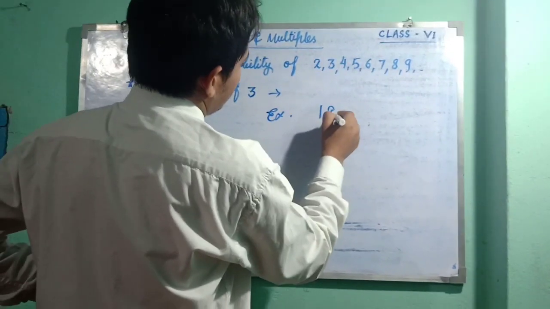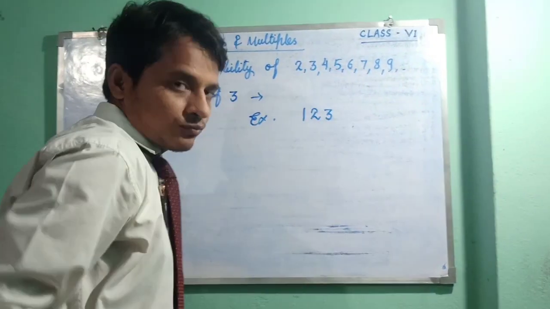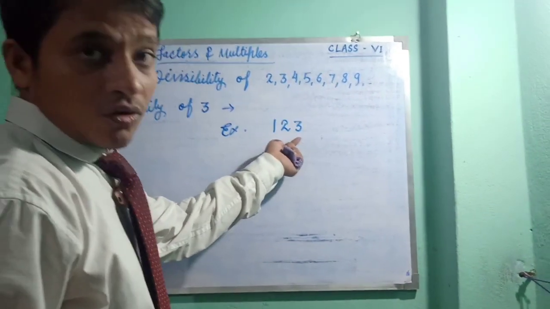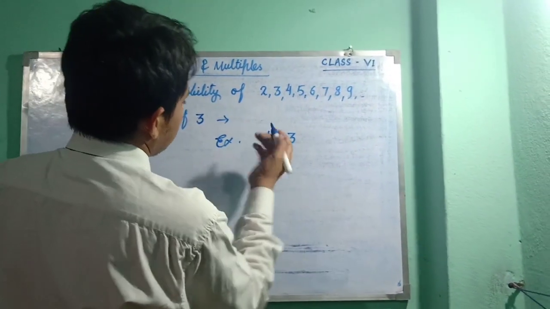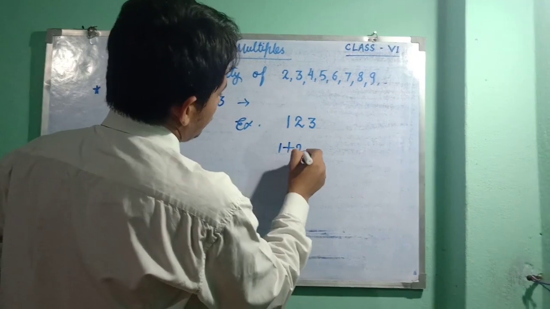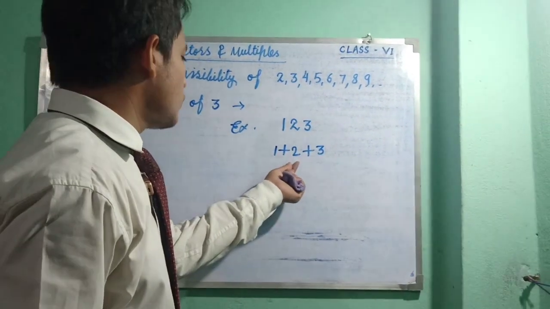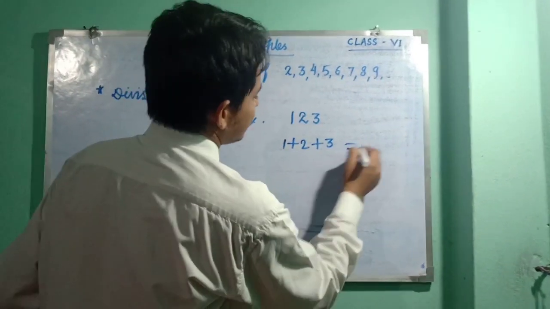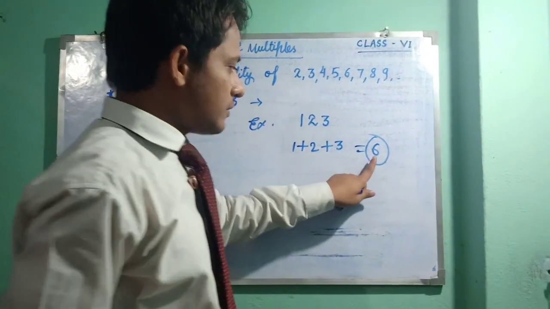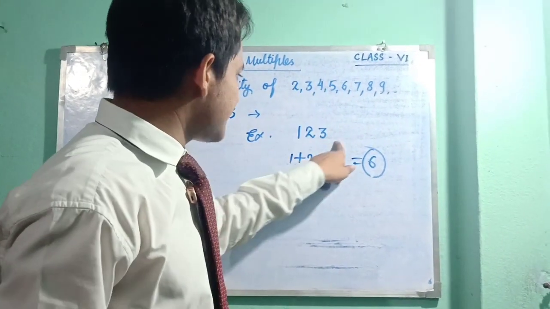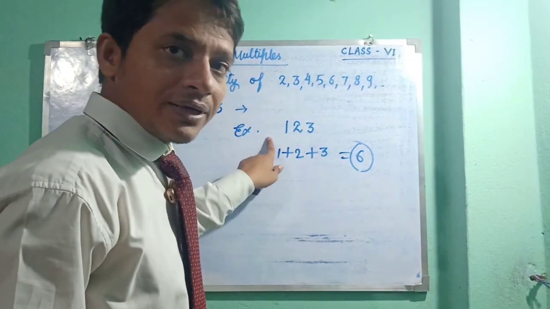Suppose 1, 2, 3. Is this number divisible by 3 or not? Let us check. First of all, add the digits: 1 plus 2 plus 3 becomes 6. Is it divisible by 3? Yes, 6 is divisible by 3. So this given number is also divisible by 3.